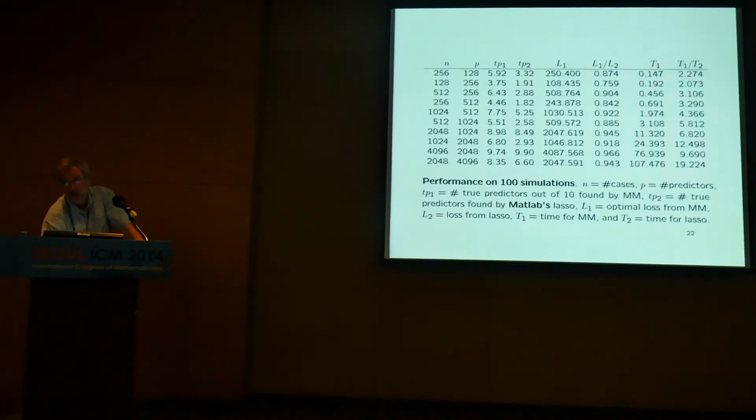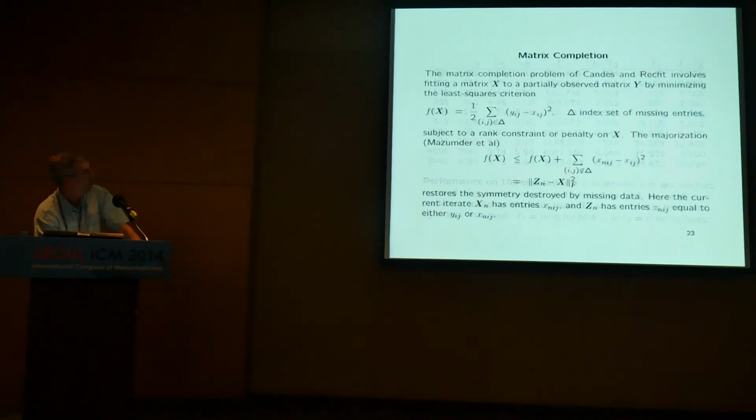The loss function is lower, so it's giving a better fit because it doesn't shrink. And the compute times, well, it's really hard to beat the lasso, and it doesn't beat the lasso here. But I would argue that if it gives a better solution, maybe you should at least consider it versus the lasso. Of course, there are many competitors to the lasso now, and they probably would do much better than what I'm showing here.